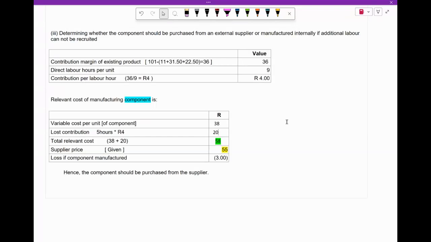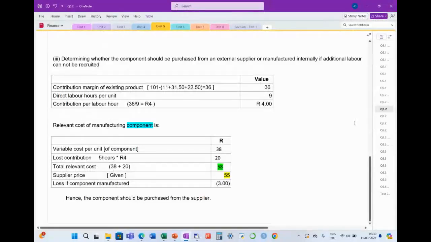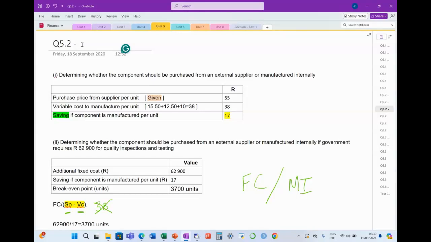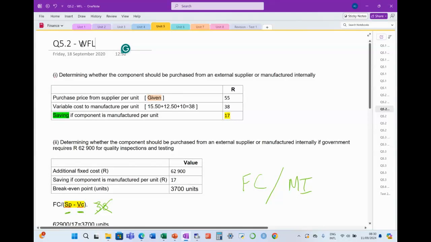But I think it's one of those that we need to sit with, go through the question again, see the key information that's been provided, and then you should be good. Let me quickly jot down that we've used this one. I want us to do 5.3 as well.